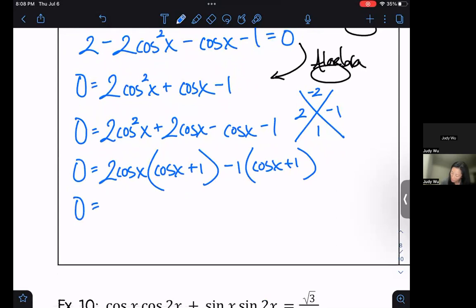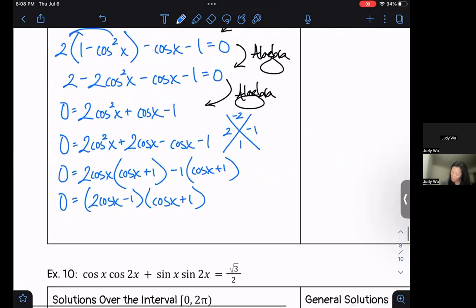And I get 0 equals 2 cosine x minus 1 times cosine x plus 1. And now by my zero product property, I can say that 2 cosine x minus 1 equals 0, and cosine x plus 1 equals 0.